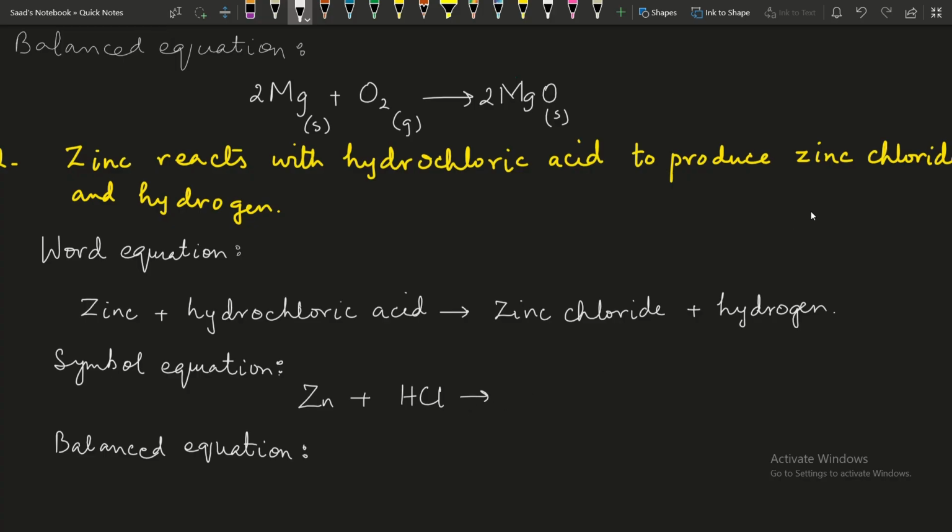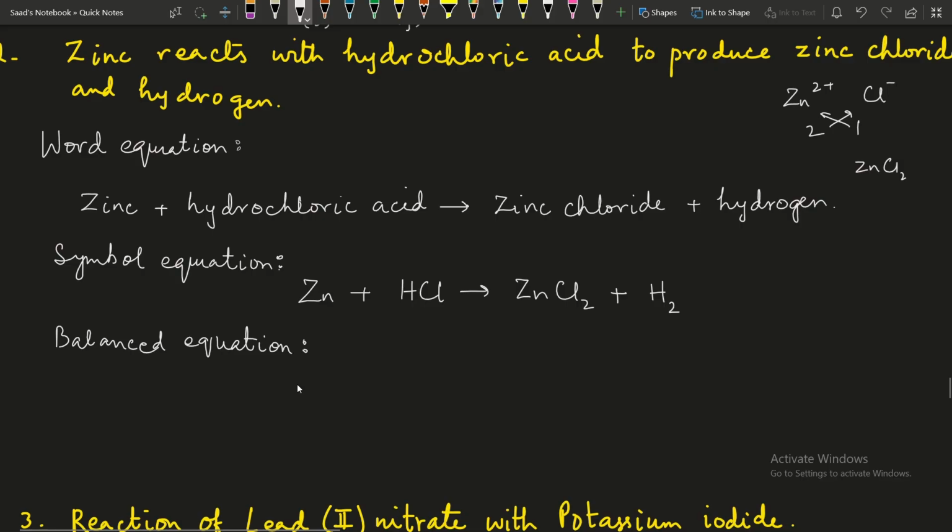Now I have to make sure that my formulas are correct. Zinc has a charge of positive 2 and chlorine has a charge of negative 1. That makes the formula ZnCl2. After writing the correct formulas, I will go for balancing. Hydrogen gas is a diatomic gas, so I'll write H2.